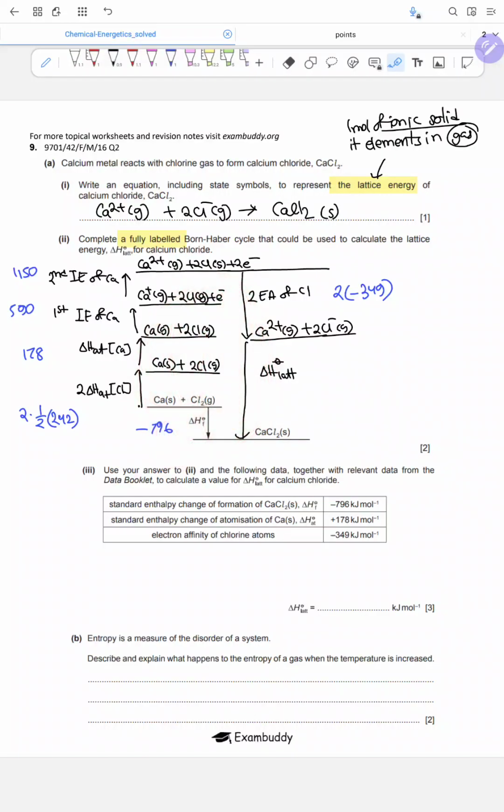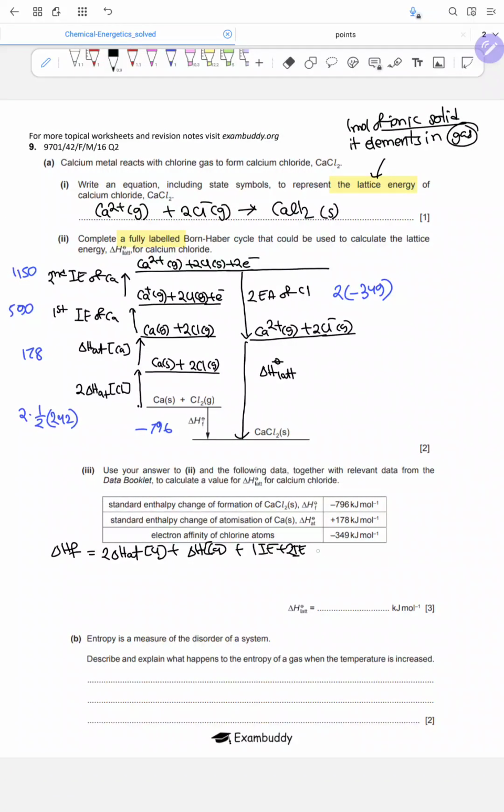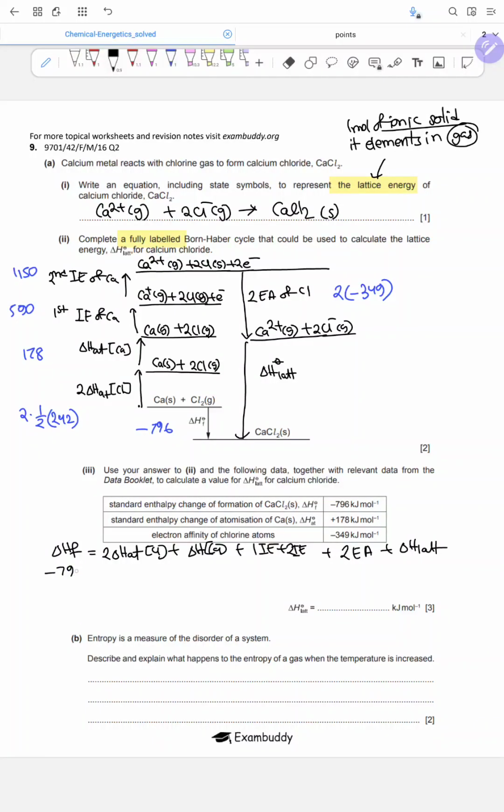So we can say our enthalpy change of formation is equal to chlorine, so formation 796.